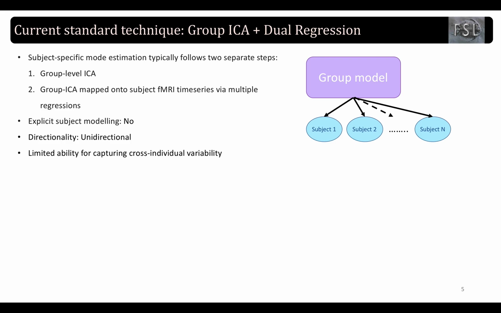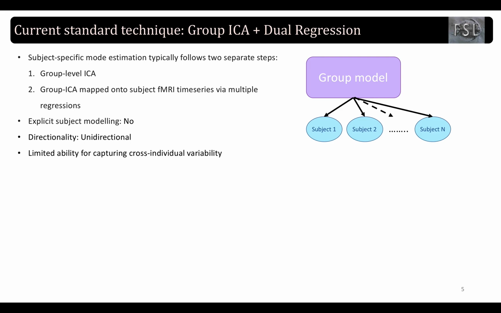In previous lectures, you learned that the current standard technique to estimate subject-specific RSNs follows a two-step procedure. First, we apply group-level ICA to obtain the RSNs for the group. Then, we use a multiple regression paradigm, the dual regression, to map the group ICA networks onto every individual subject's fMRI and obtain subject-specific RSNs.